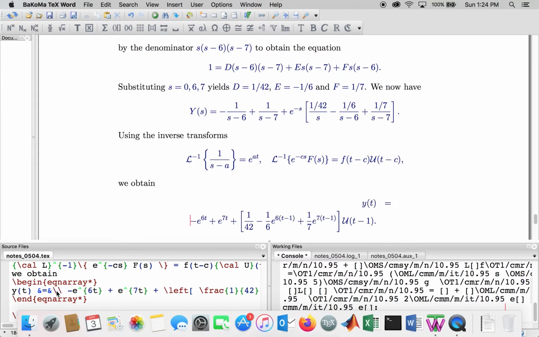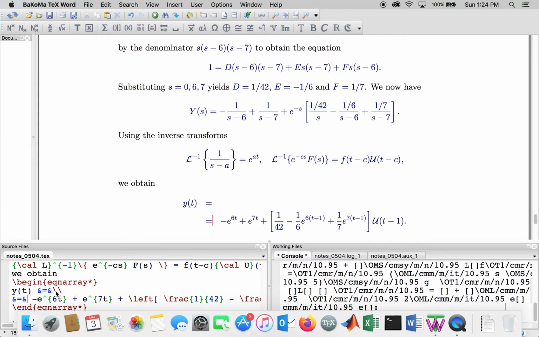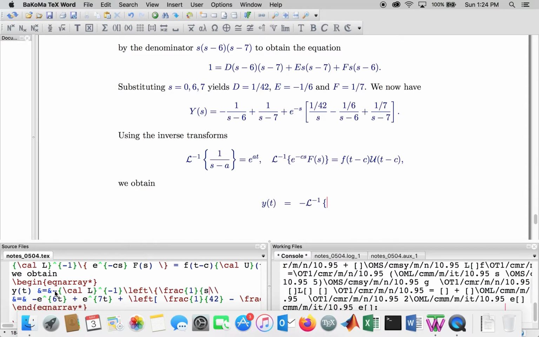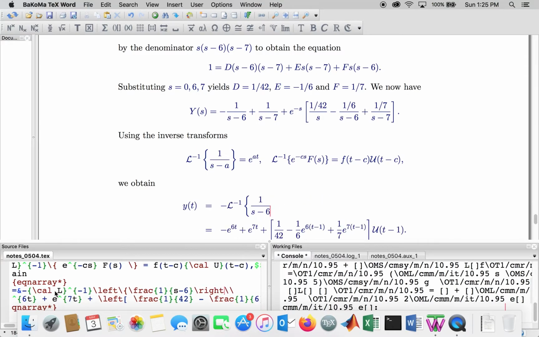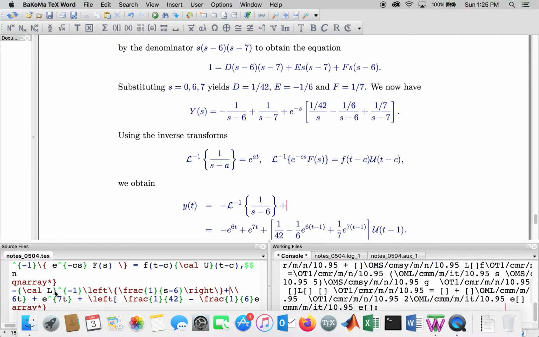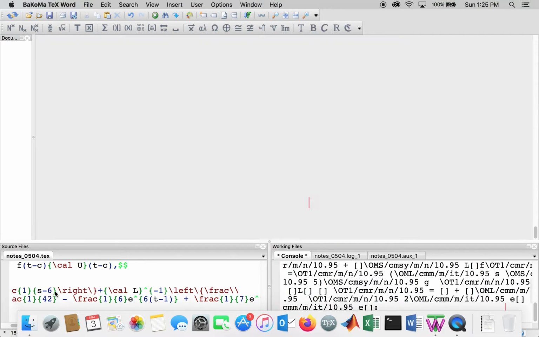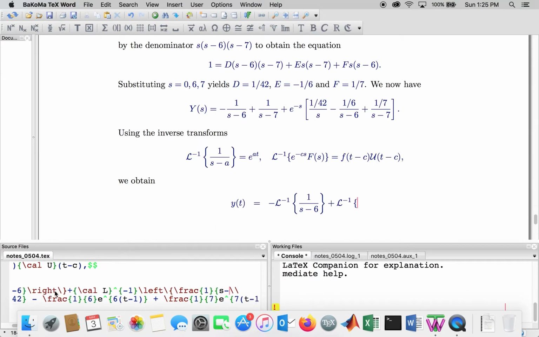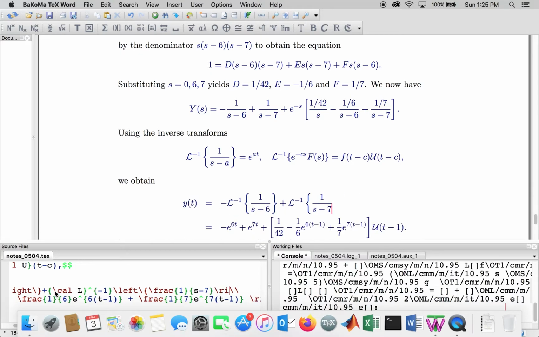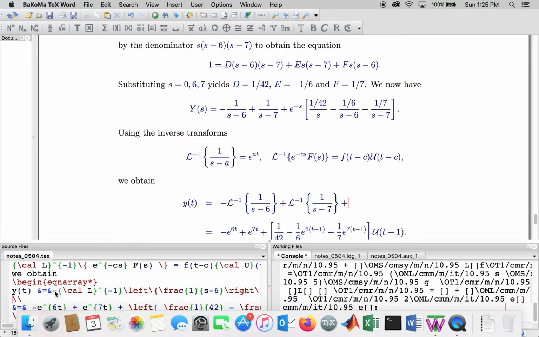All right, so what's happening here is I have minus inverse transform of 1 over s minus 6 plus inverse transform of 1 over s minus 7. Okay. Plus, and I'll do this on a separate line.